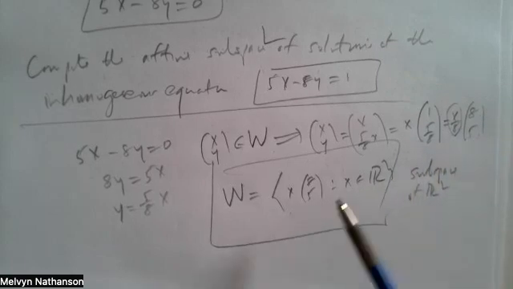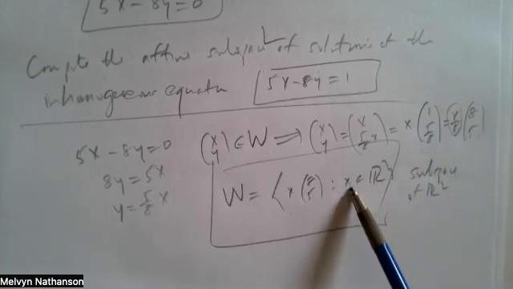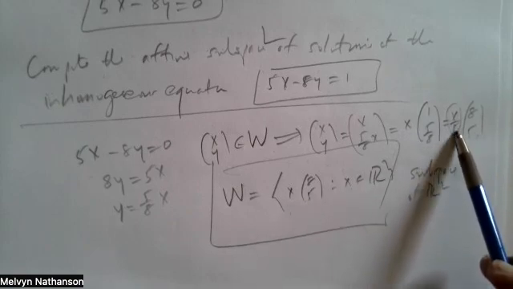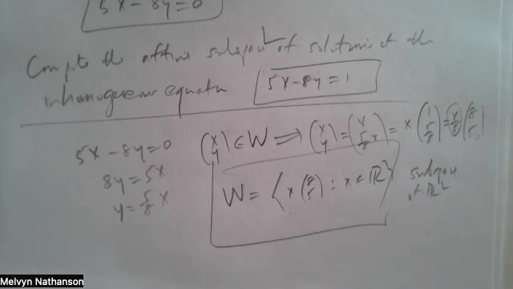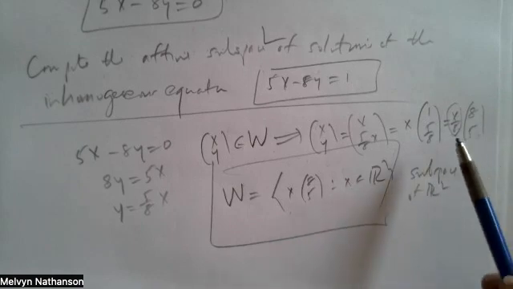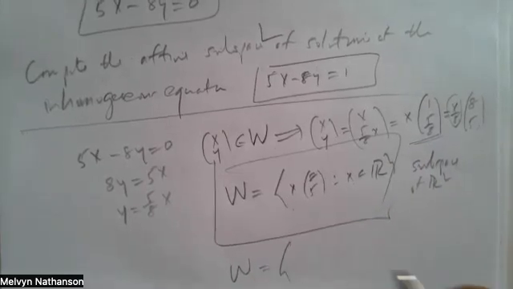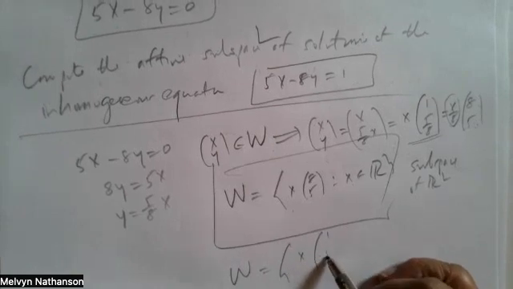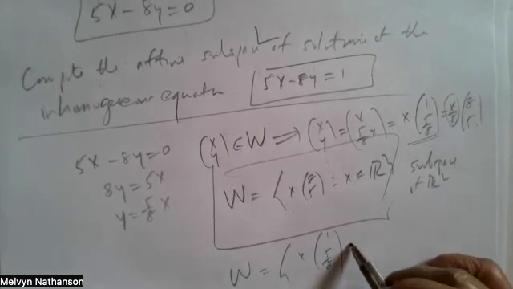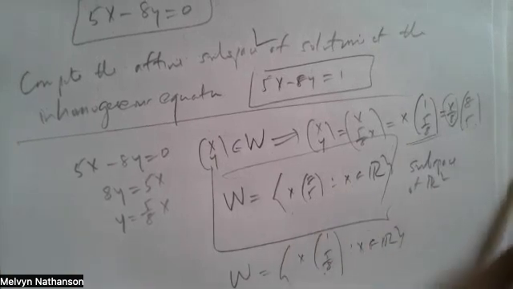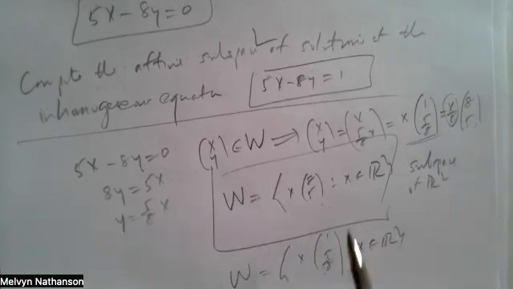So all possible values of x over 8 for any value of x is the same as all values of x. It's just a simplification. If you wanted to leave it like this, it would also be okay. It's also true that W is the set of all scalar multiples of the vector (1, 5/8) times x in R. These are exactly the same two sets. Oh, okay.